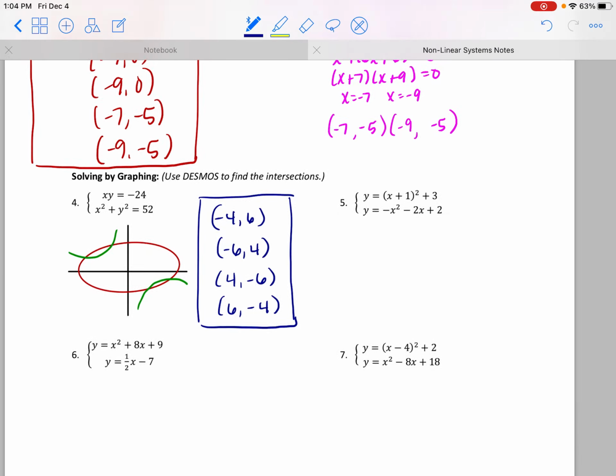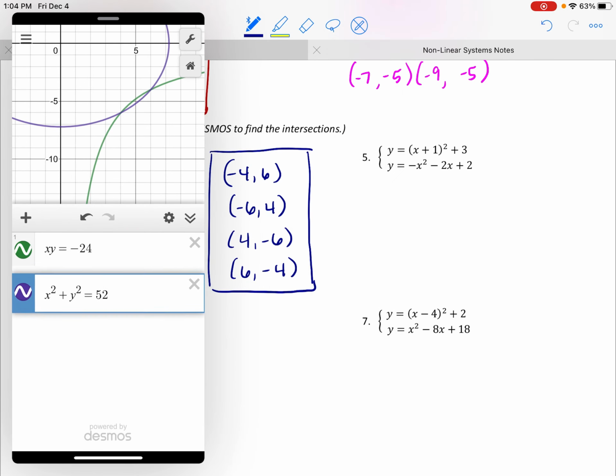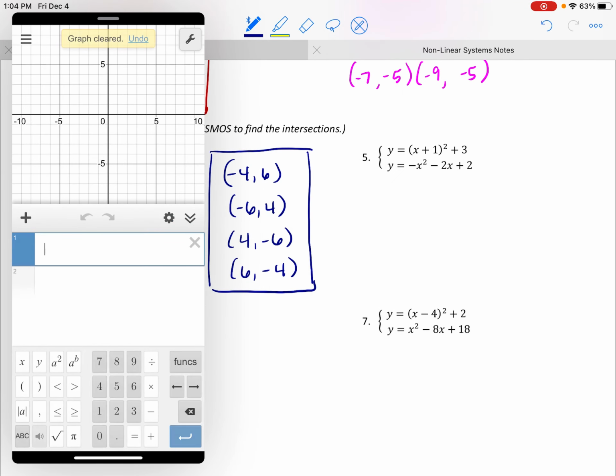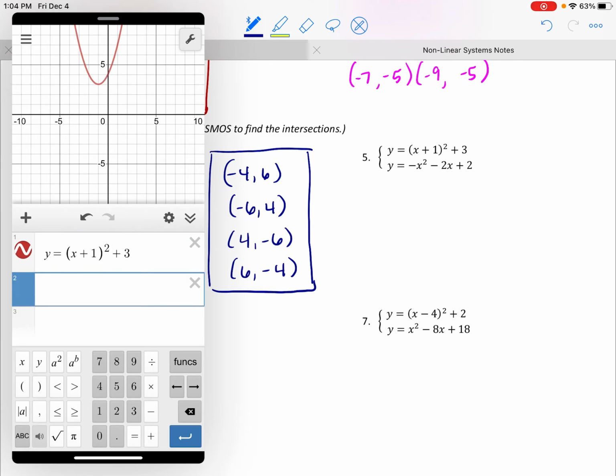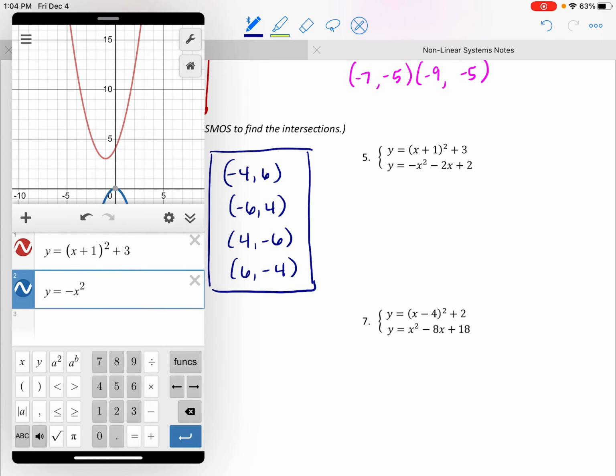Okay, now the next one we hopefully recognize, we have 2 parabolas there. But let's go ahead and graph them, because no matter what, it's going to be the easiest way to solve. So we have y equal to (x plus 1) squared plus 3. So there's our first parabola. And then y equals negative x squared minus 2x plus 2.